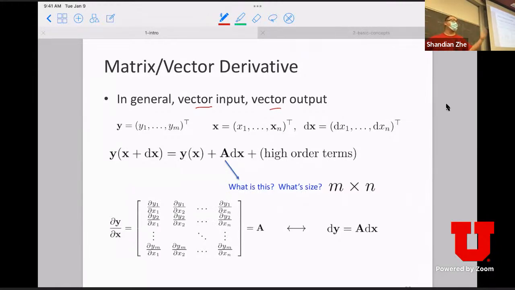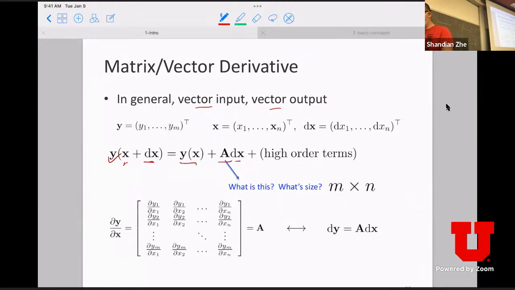That's what we learned in our first year undergrad study, calculus. It tells us that if you expand your function at your input x plus a small dx, then according to the Taylor theorem, it is your function at x plus some term times dx, plus some higher order terms.